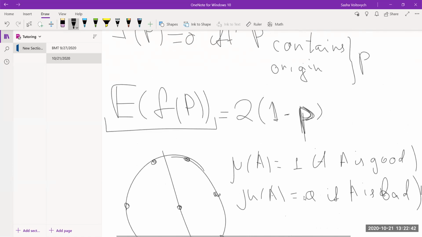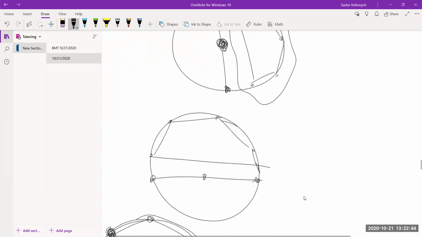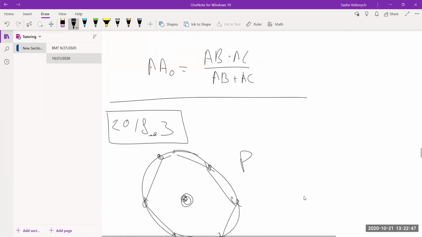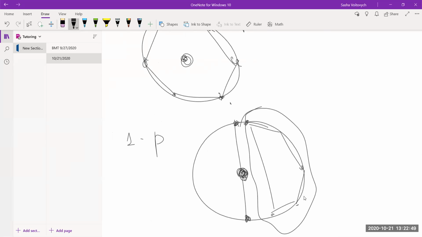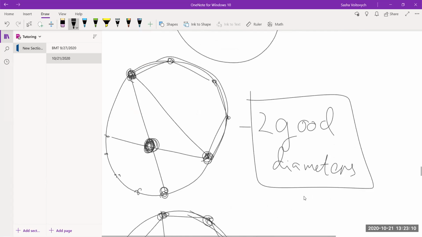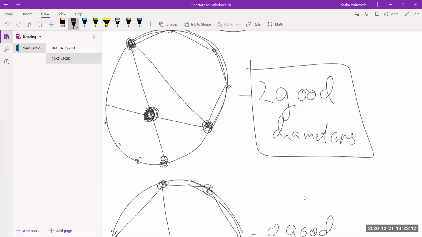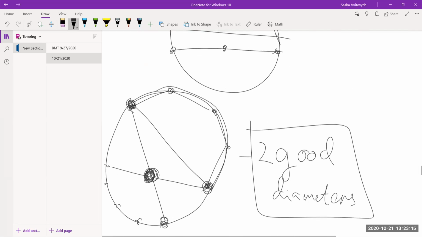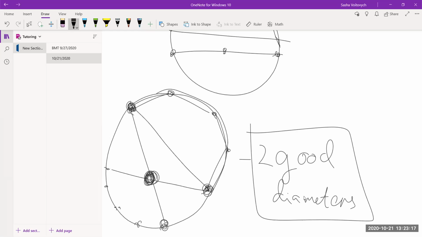Okay, so this is a quite tricky probability problem. First of all, we need some kind of criteria for a polygon containing the origin or not containing the origin, because this is a vague condition. We cannot express it in some kind of formula or mathematical expression. So we need to formalize it, right? And the way we formalize it is by coming up with these good diameters and bad diameters.